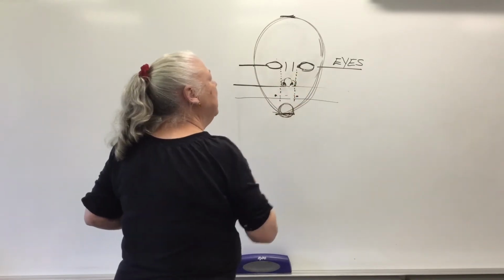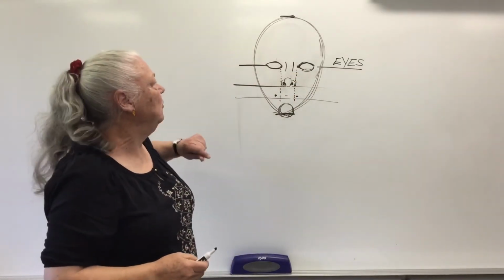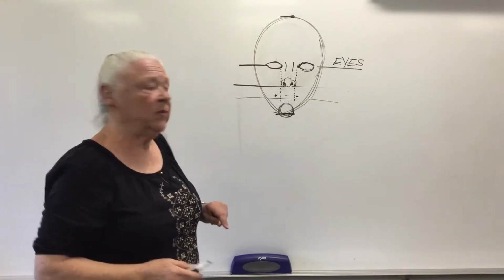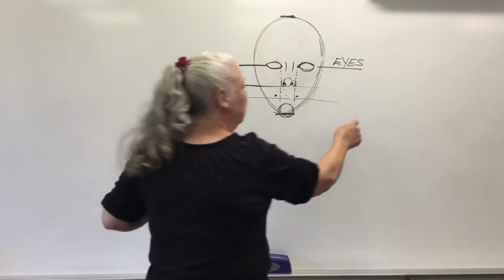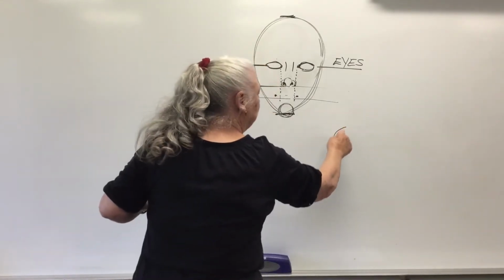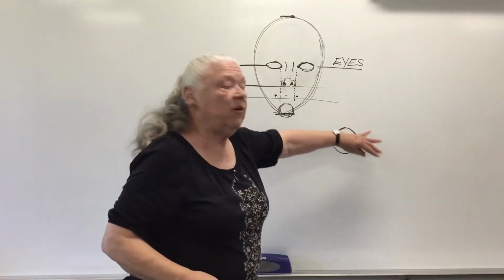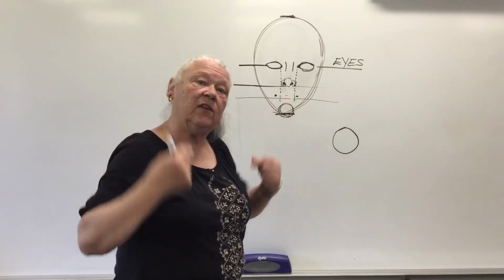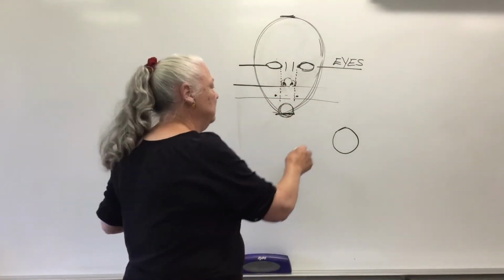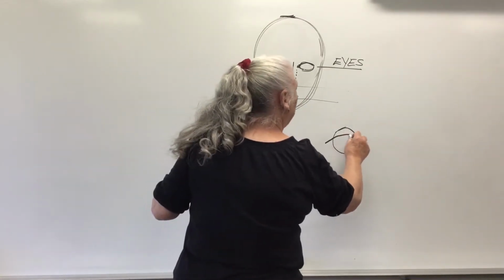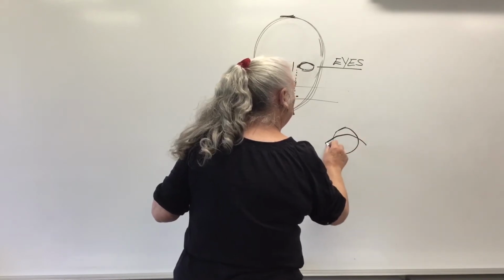Okay? Now, let's get back to the eyes. You know, the eyeball is round. And skin stretches across it, even though it's sitting in the eye socket of your skull. And it comes across here like this.